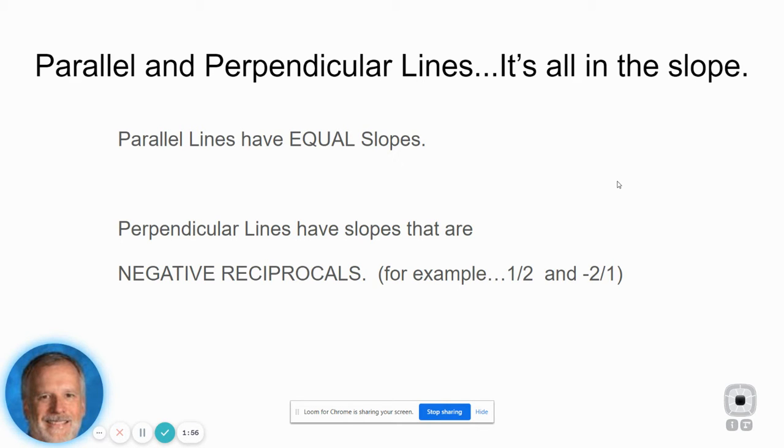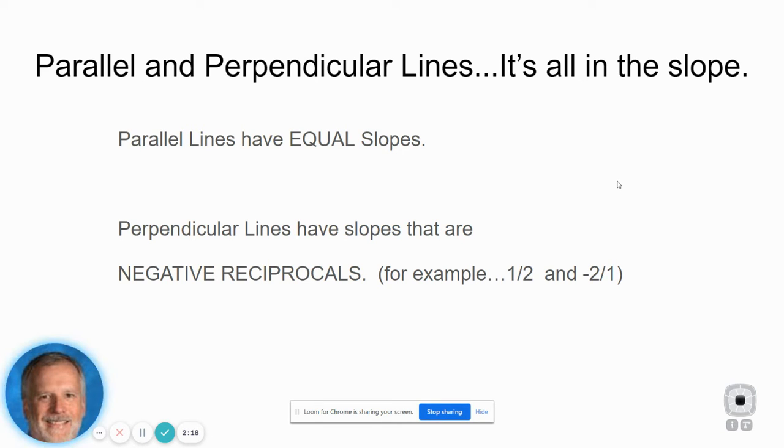But in order for it to be a negative reciprocal too, we have to reverse its sign. Positive becomes negative. Fraction gets turned over. That's a negative reciprocal. Or, if it's negative, then it becomes positive, but the sign has to reverse.